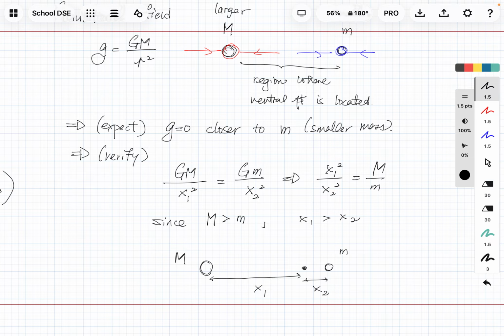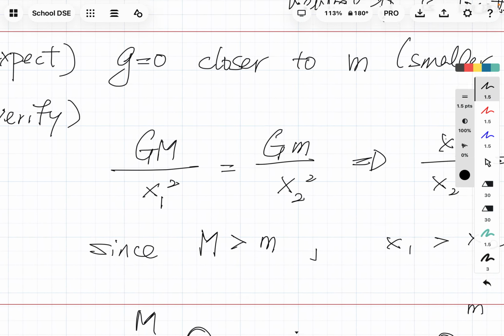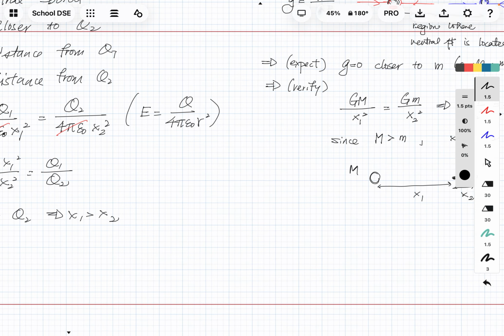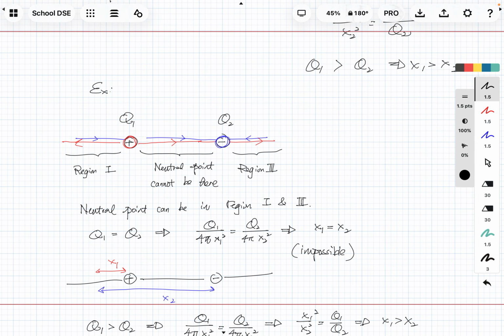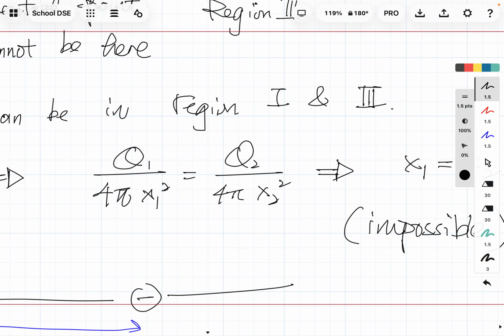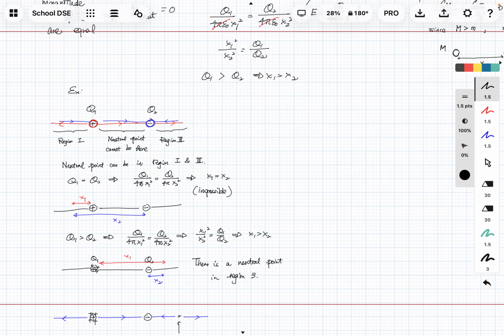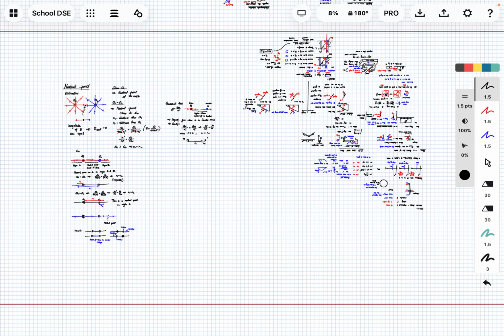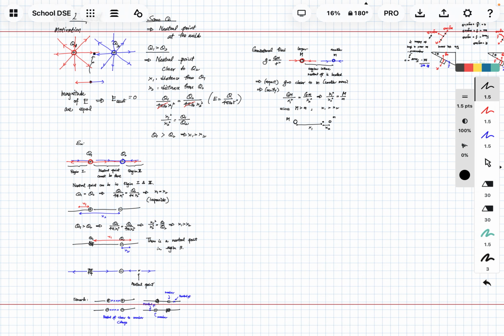For the case of electrostatics, where is the neutral point in this case, closer to which charge? To the smaller charge, and it is in the middle.